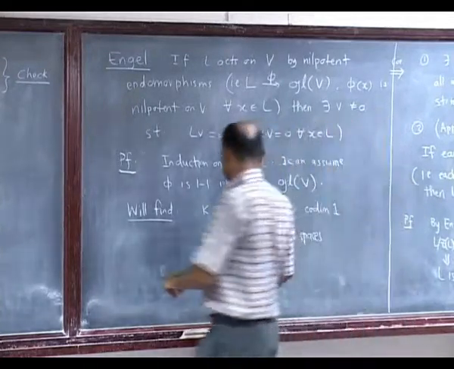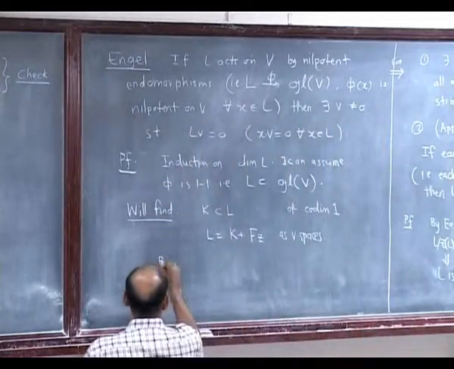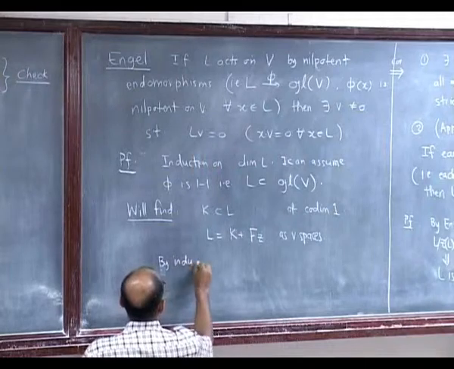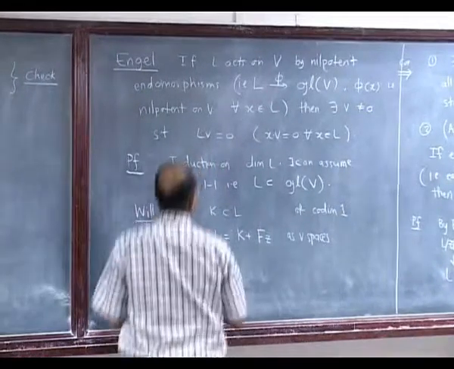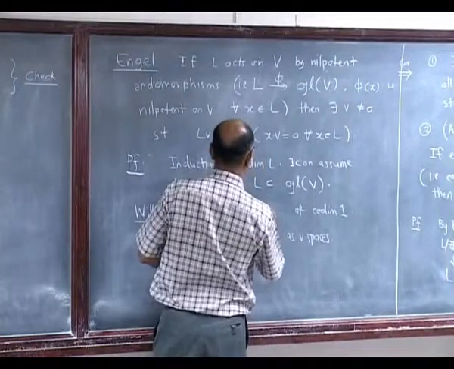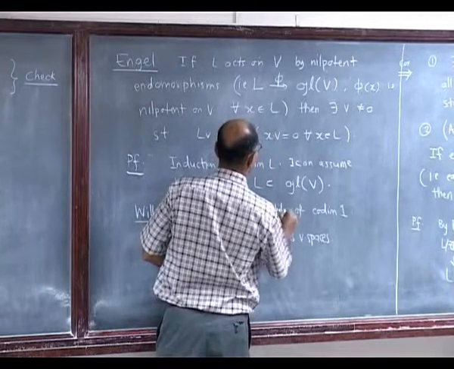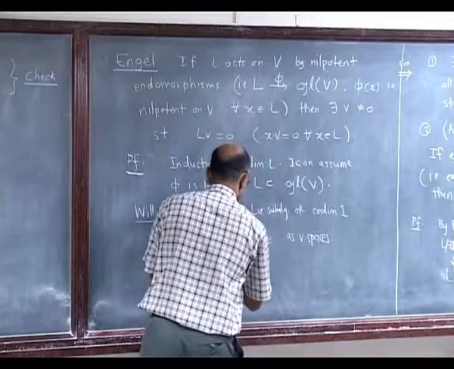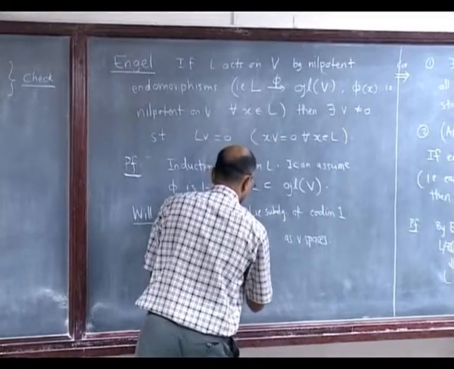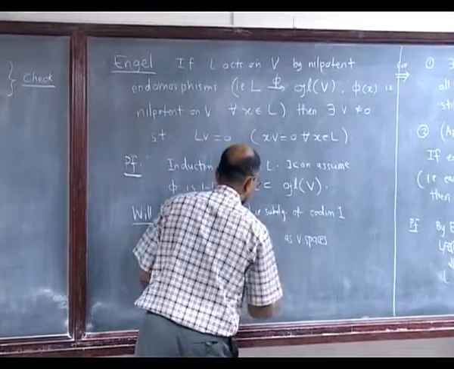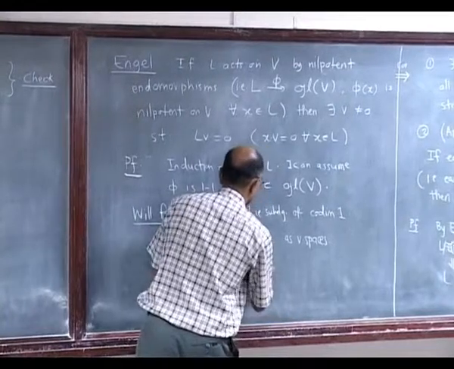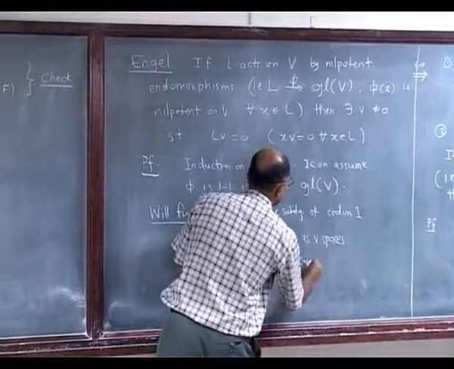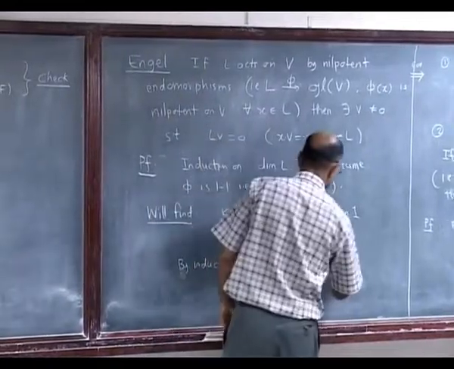By induction, and let me put a Lie subalgebra anyway, we will see that we need to modify this. By induction, there exists a common V such that K times V equals 0 and V is not equal to 0.